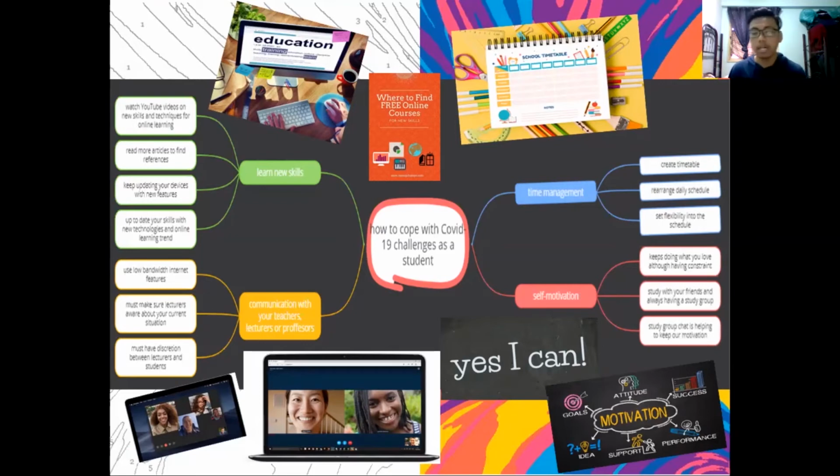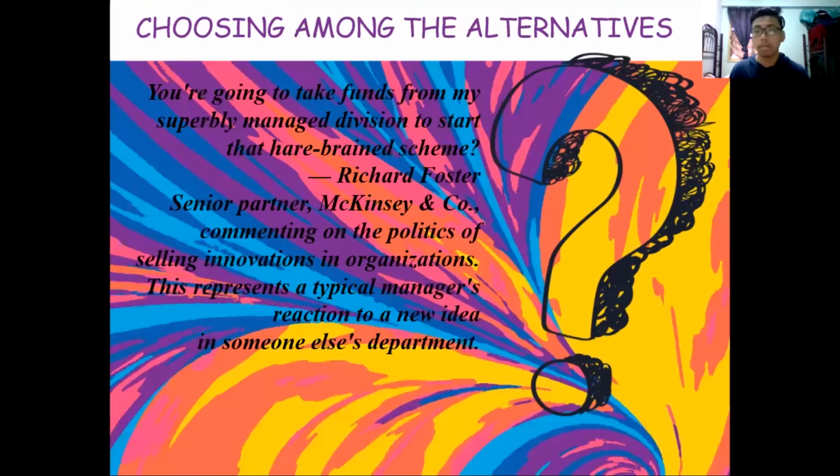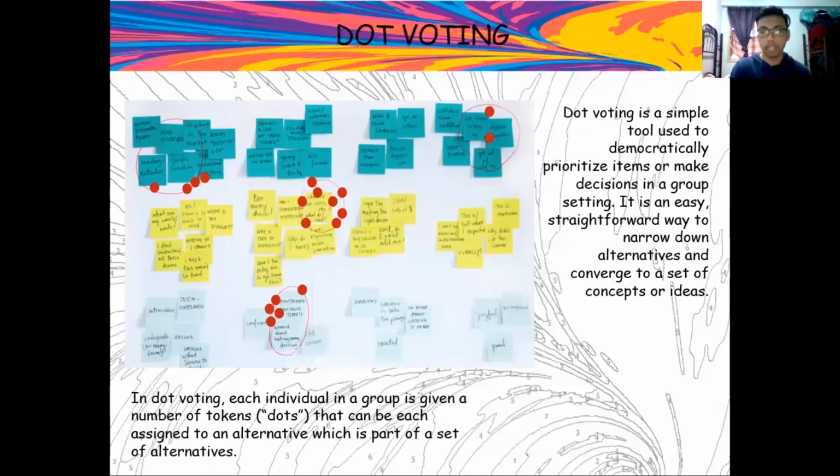So the next creative problem process by James M. Higgins is choosing among the alternatives. The technique to choose among the alternatives that I'm highlighting here is dot voting.